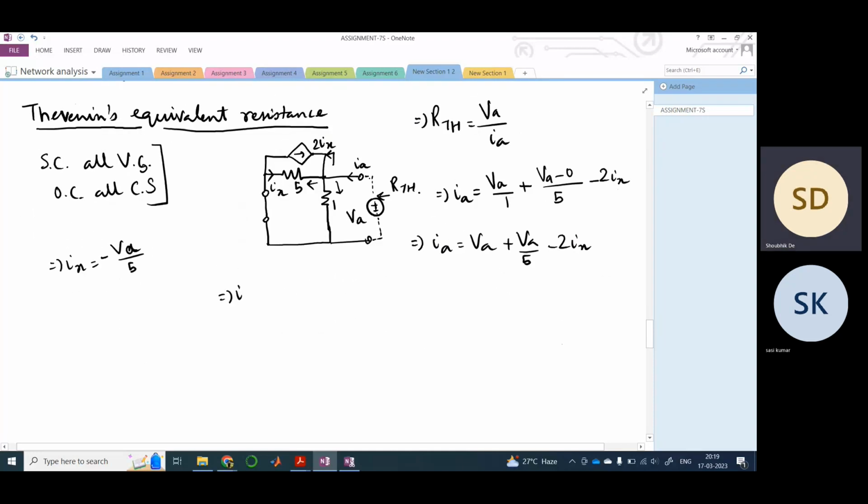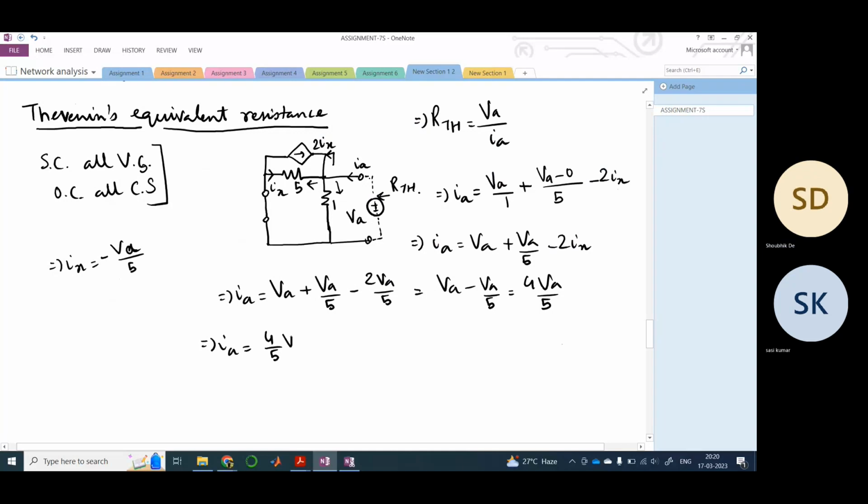So therefore you can directly substitute it. So VA plus VA by 5 minus 2 VA by 5, right? So therefore your IA is 4 by 5 VA. Okay.